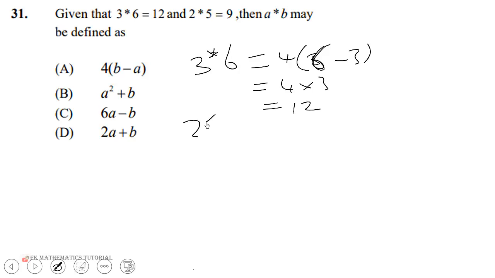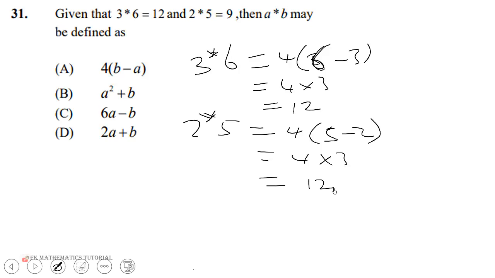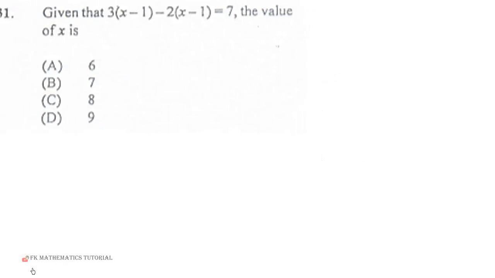Then 2 star 5 is equal to 4 times 9 times 5 minus 2, which is equal to 4 times 3. This will give you 12. So this is the only one that holds for both of them. For the other ones, when you test, you realize that none is holding for both of them. It could be true for one, but not for both. So the correct answer is option A.